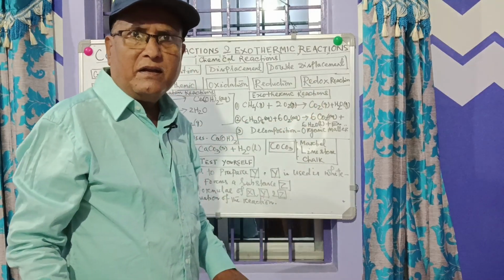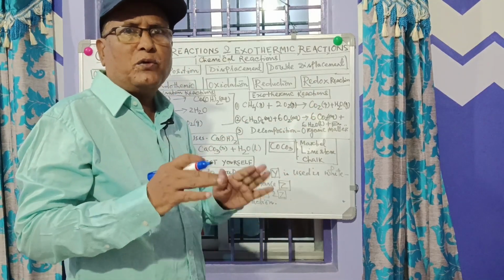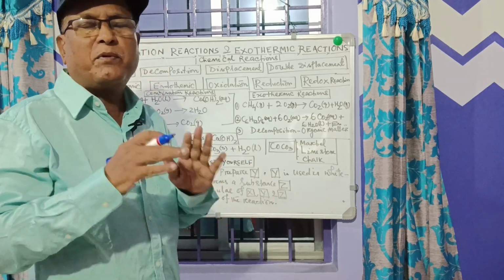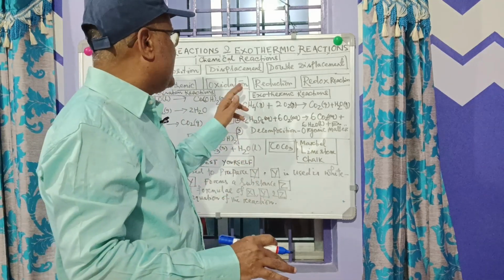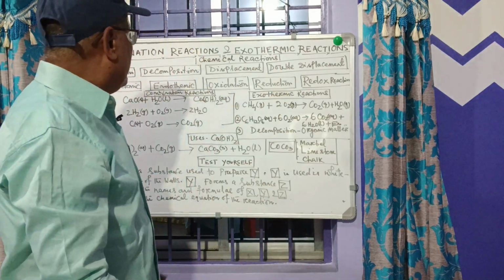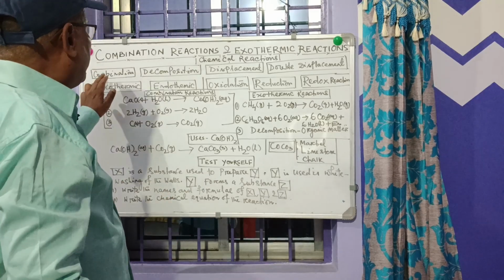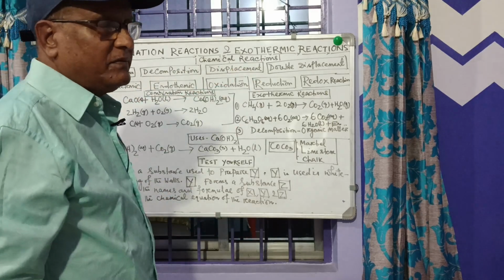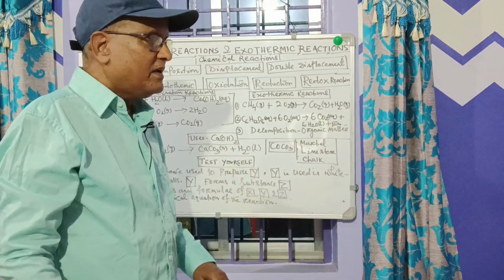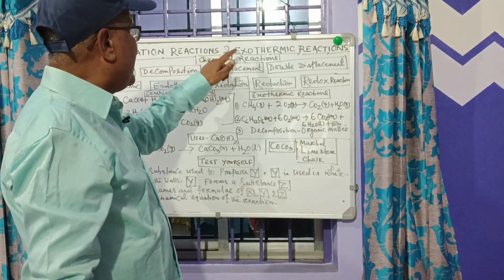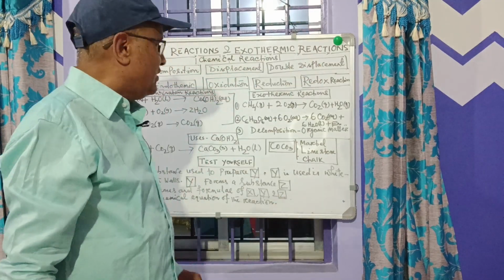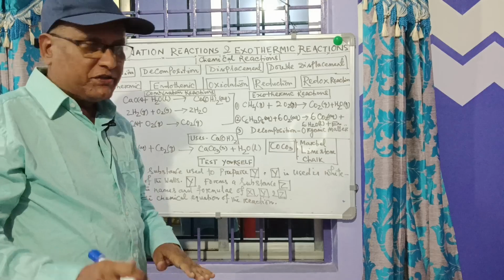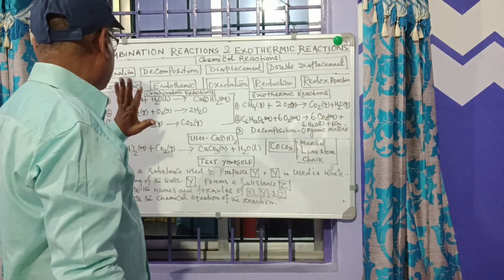It happens due to addition and removal of oxygen and hydrogen. We shall discuss later. So today, out of four types of reaction, we have taken the concept of combination reaction and exothermic reactions. First let us discuss combination reactions.